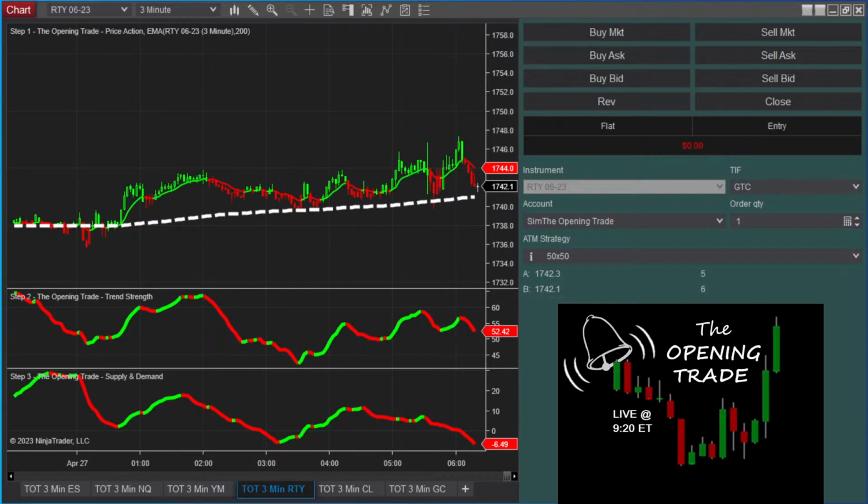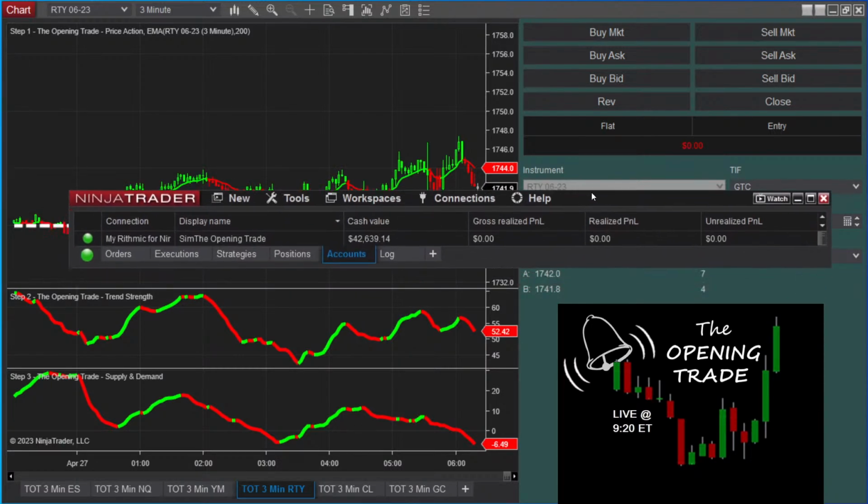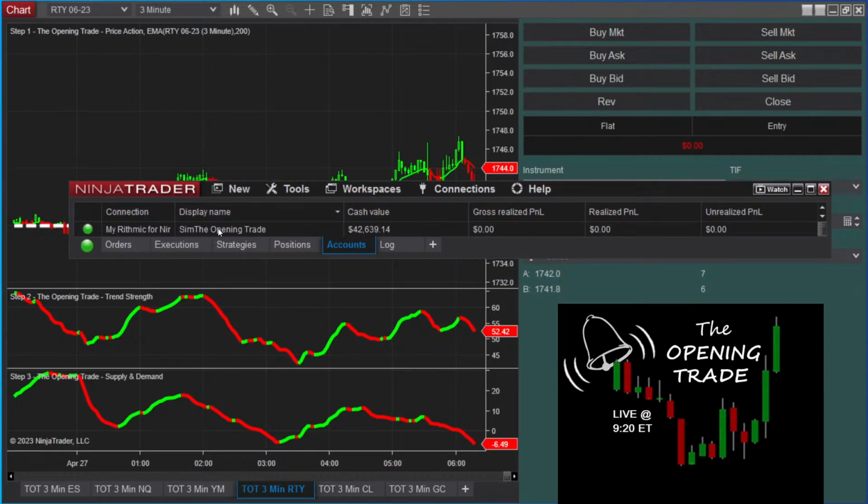All right, so let's take a look at the current sim account balance. Simulated the opening trade. Cash value growth will match the red number here after any automated or manual trades take place.